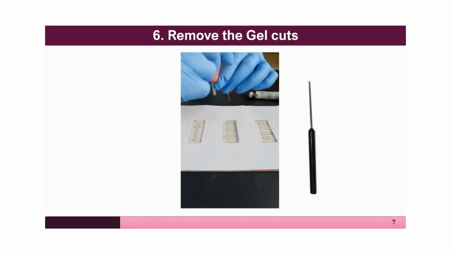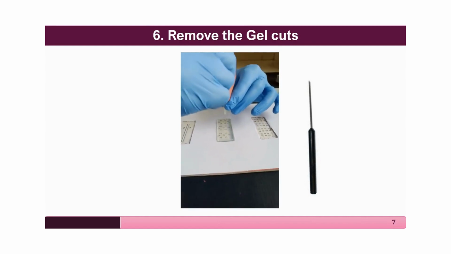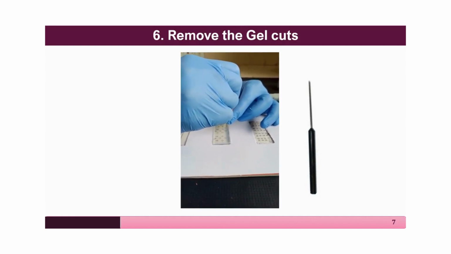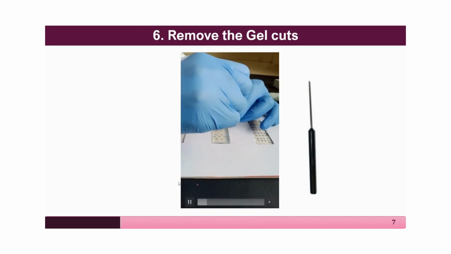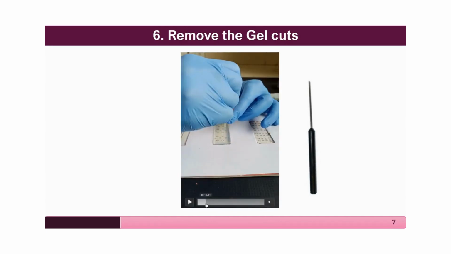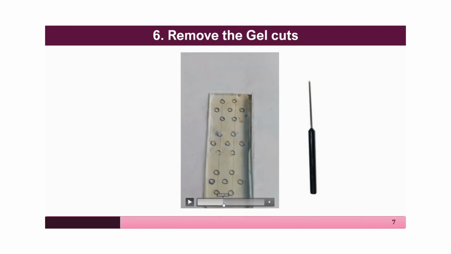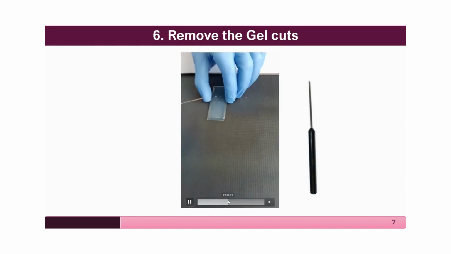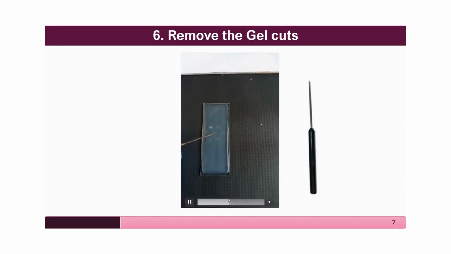Here, once again, I am showing the punching of the 7-well pattern. The slide is taken out from the stencil.